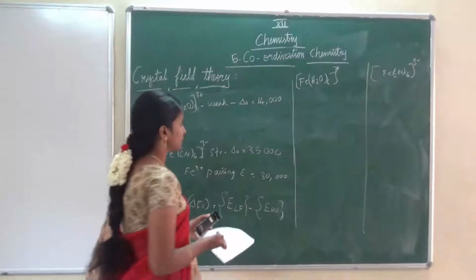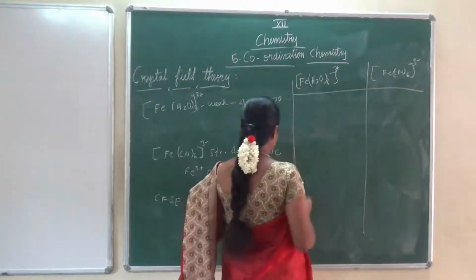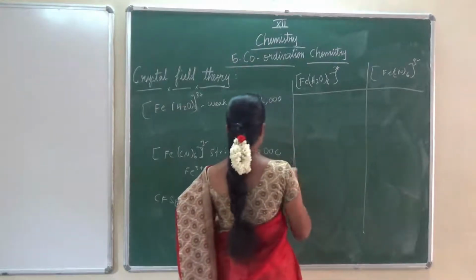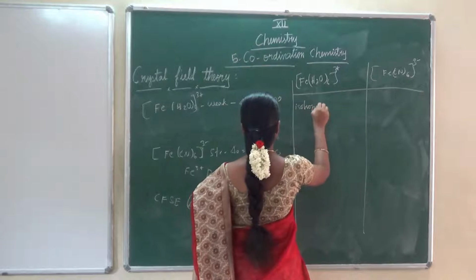First let us write the electronic configuration. This is isotropic. Isotropic means normal electronic configuration.